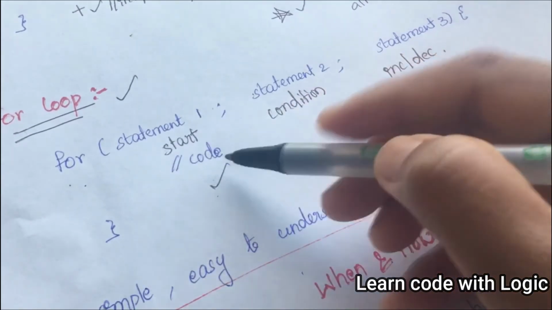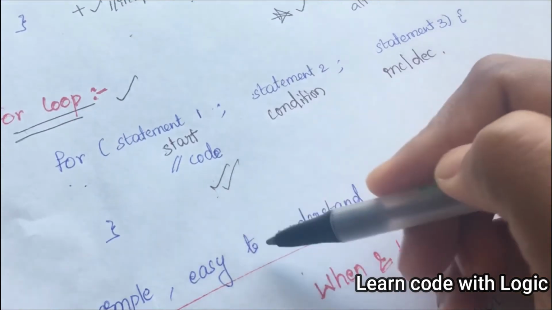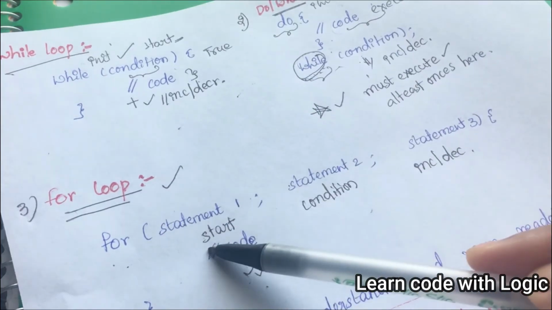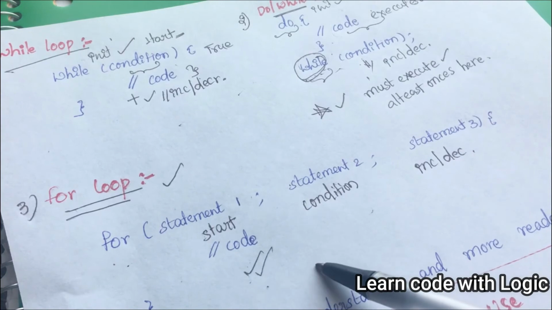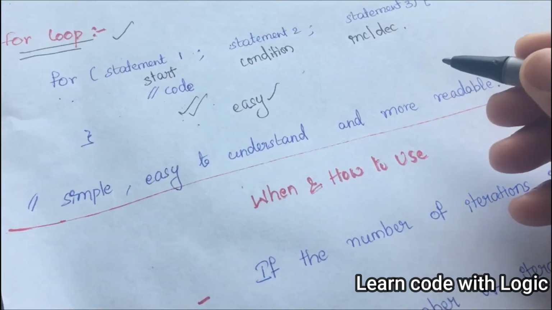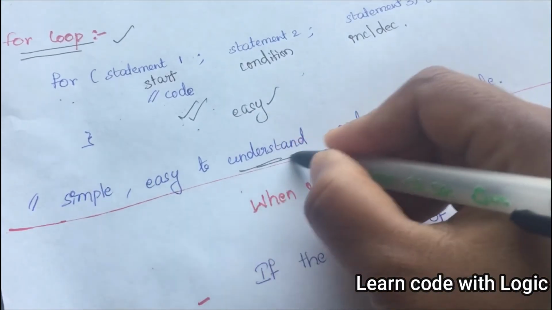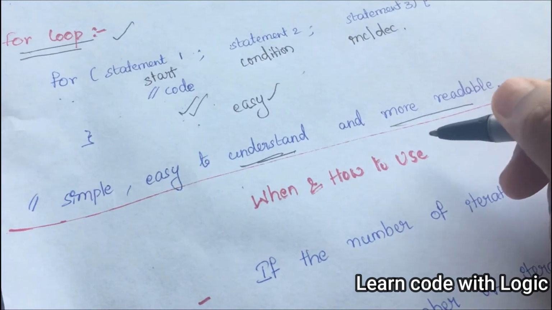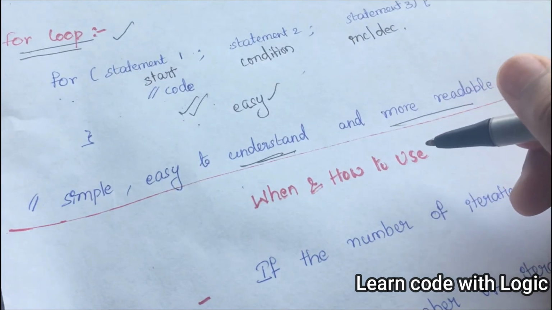If the condition is true, then we start execution. After looking at these three parts upfront, we can say this is easy and simple, and even while writing the code you can observe that. It's easy to understand and more readable. That's the reason the for loop is handy.